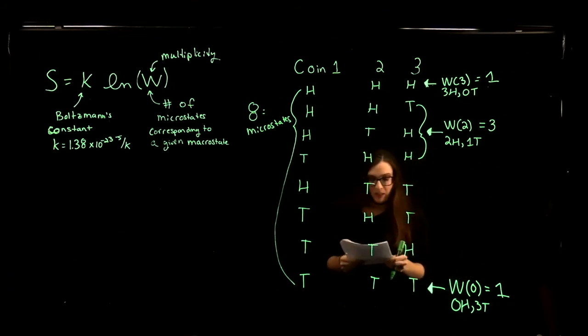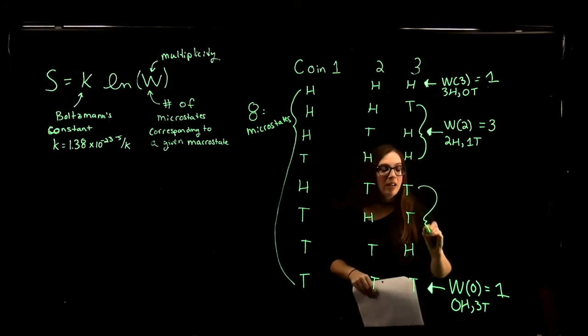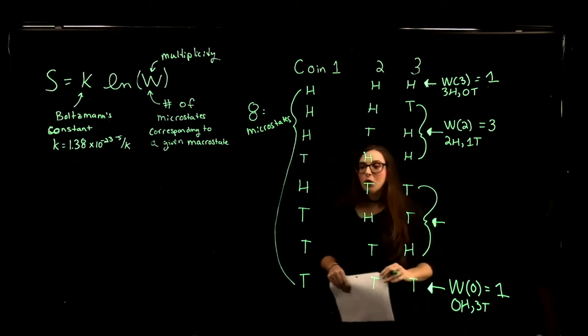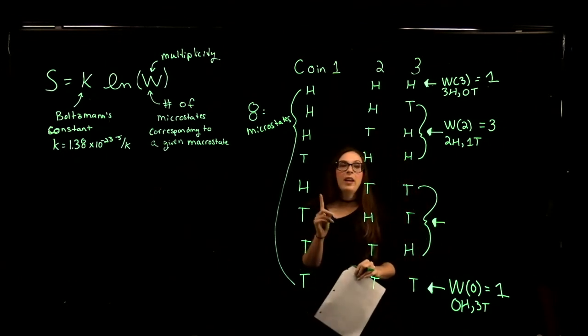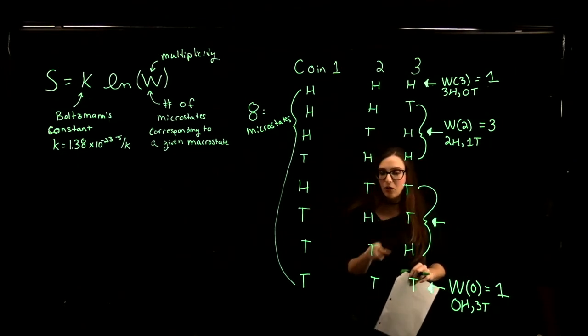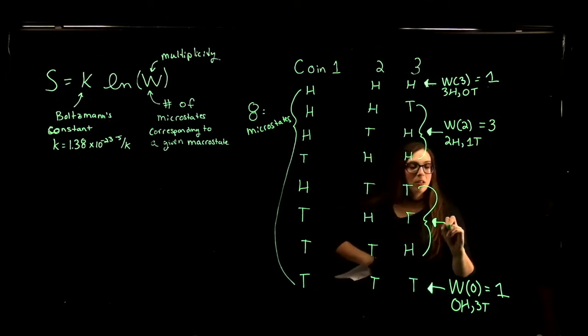Okay? And then down here is another possible macrostate. There are 3 ways I can flip my coins so that I have 1 head and 2 tails. Each one of these has 1 head and 2 tails. Okay, so this is 1 head, 2 tails.